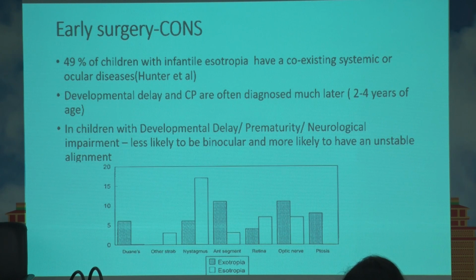These children may present at a variable age, not as early as possible, and these patients with CP may be diagnosed much later, and there the results of surgery are very variable, very unpredictable. So in these cases, the binocularity and all those things you are looking for are secondary. The other motor delays and neurological delays take priority for the parents as well as for the medical development of the child per se.